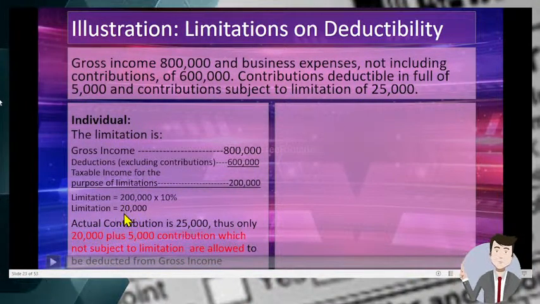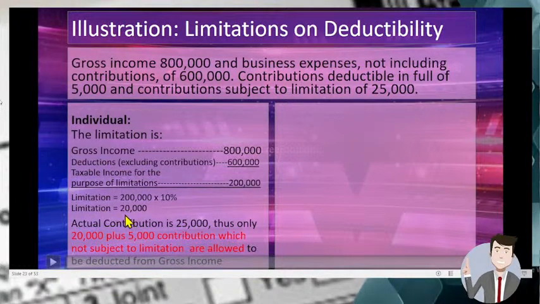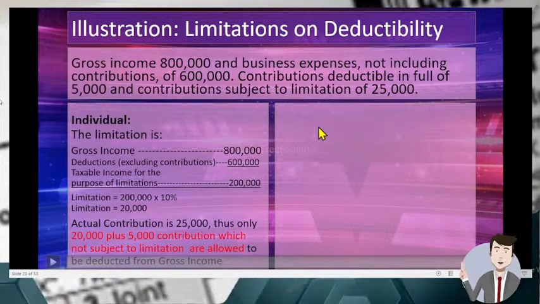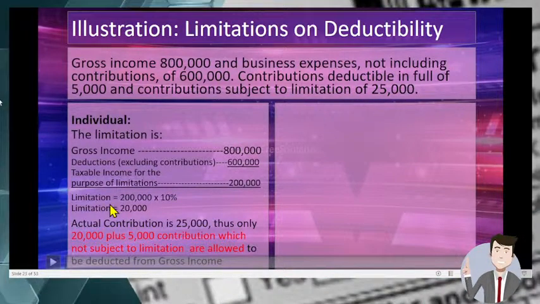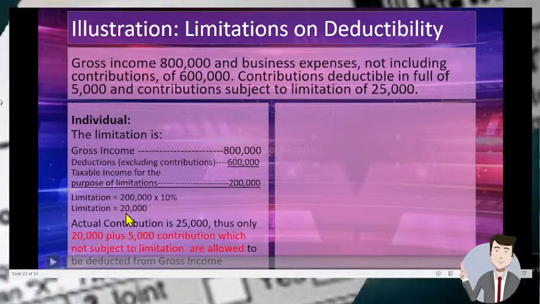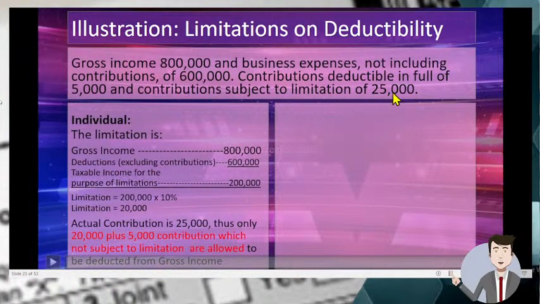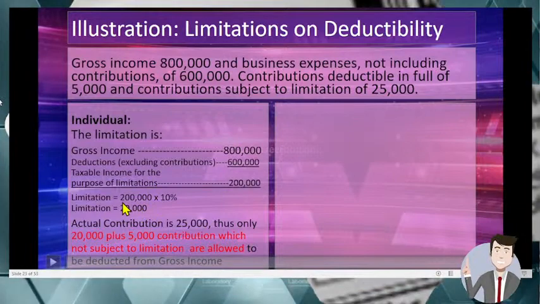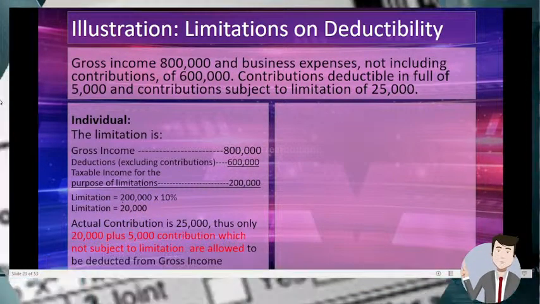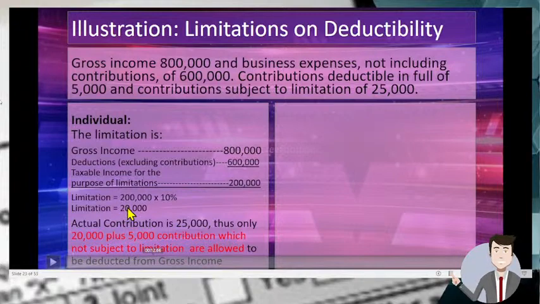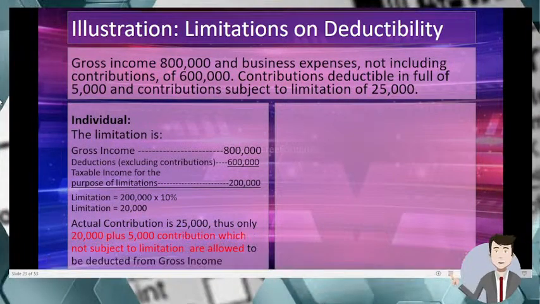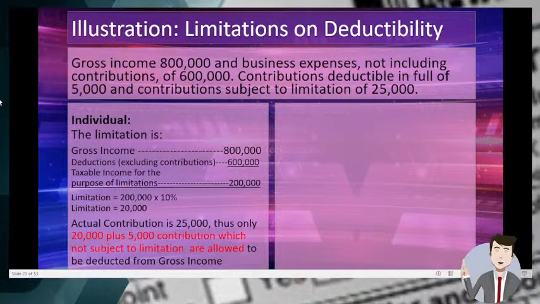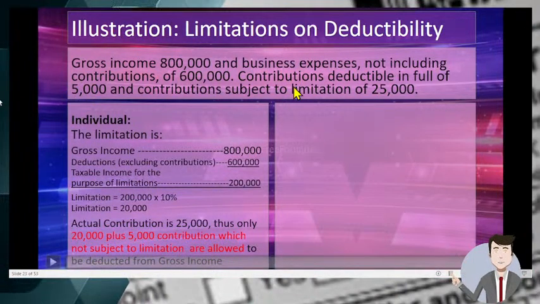That is the limitation of 20,000. Because if you compare the limitation of 20,000 and the actual of 25,000, we cannot claim an amount more than the limitation. That's why, as I said earlier, you have to compare the actual and the limitation. Whichever is lower is the allowed contribution. So that's 20,000 plus 5,000, which is not subject to limitation. So the only allowed deductible contribution is 25,000 instead of 30,000.